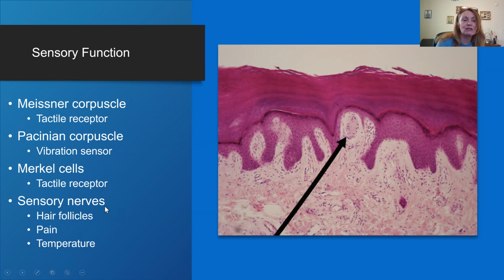Those nerve endings feel the vibration of the hair. You also have sensory nerve receptors for pain and temperature in your skin. So your skin provides lots of sensation, right? It's touch, pressure, pain, temperature, right? All these receptors and cells, such as Merkel cells.